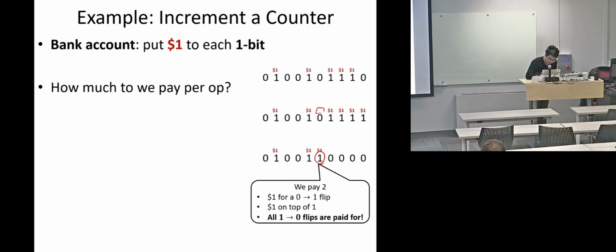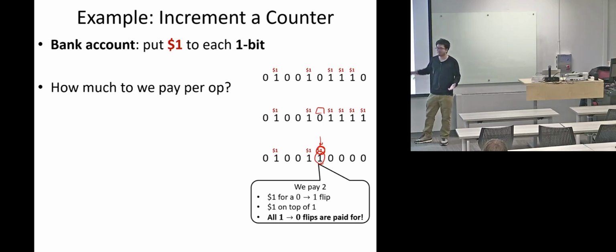There's no money here, so I need to flip it, and I also need to pay the advance payment here. That's 2. But for everyone here that is flipped, my advance payment is paid for. All the 1 to 0 flips are paid for by my advance payment.